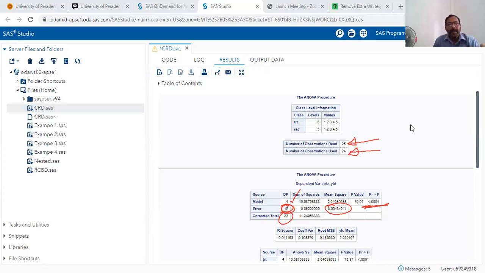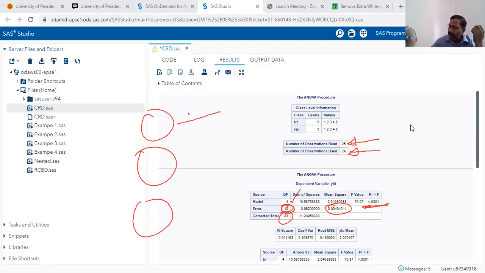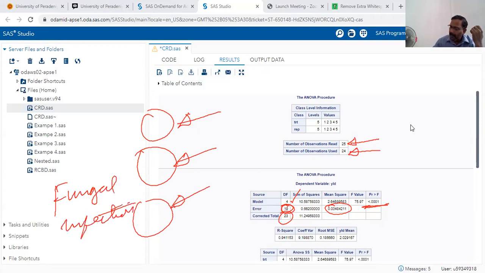Maybe in the laboratory, for example, we are doing some Petri dish studies. Normally in Petri dish studies, there may be fungal infection. So if there is a fungal infection, what to do? We have a problem.